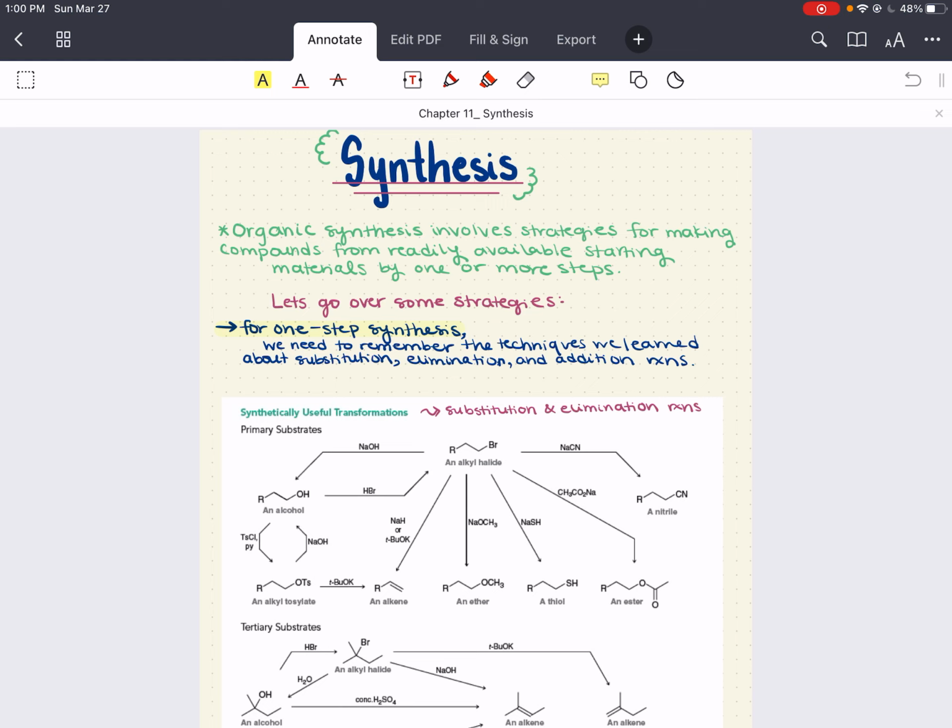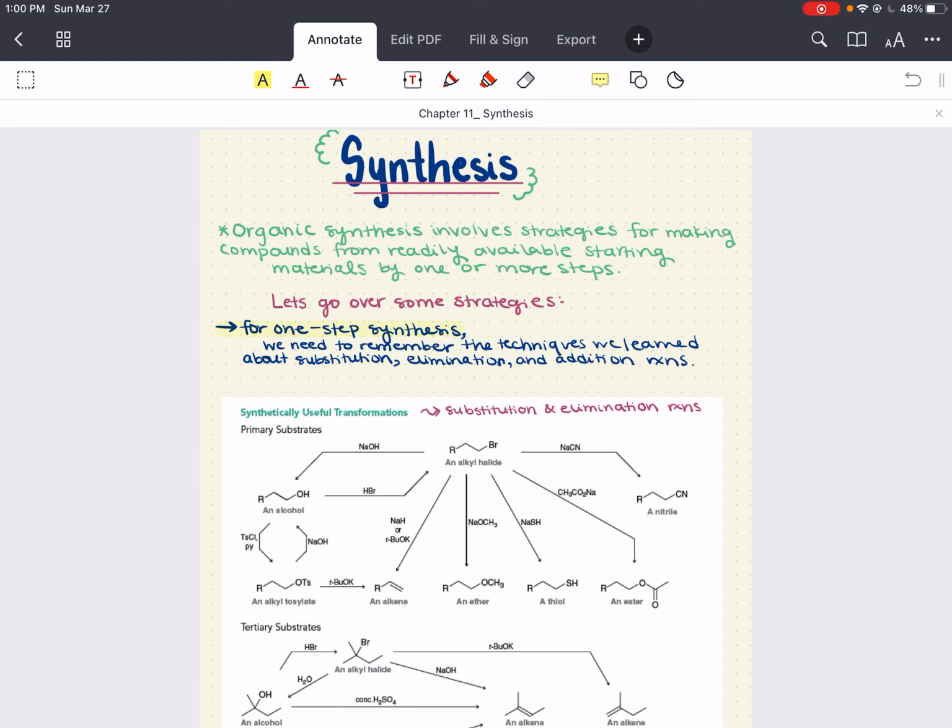We have this really big toolbox of reagents and reaction patterns, and now we want to really put it all together, because ultimately, organic chemistry is concerned with the construction of organic compounds from a specific precursor.